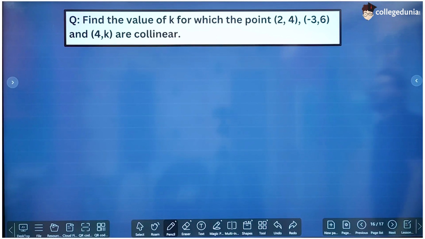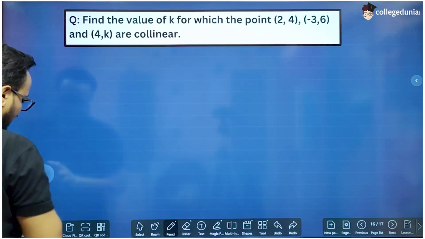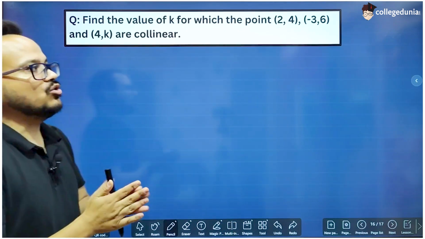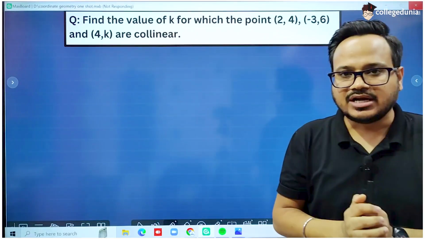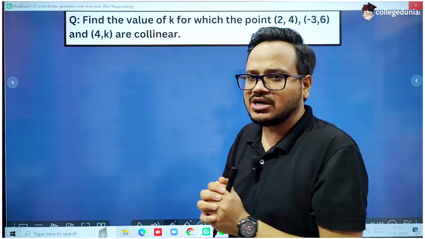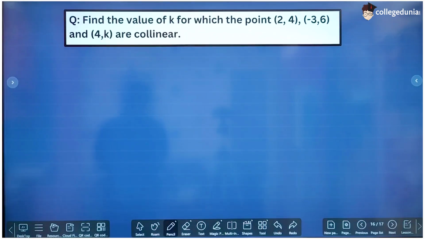Find the value of k for which the points this and this are collinear. Okay, if 3 points are collinear, what are collinear points? Collinear points are those points which lie on a straight line, and if the points lie on a straight line, you cannot form a triangle with the help of those points, right? If they are lying on a straight line, obviously the triangle cannot be formed.